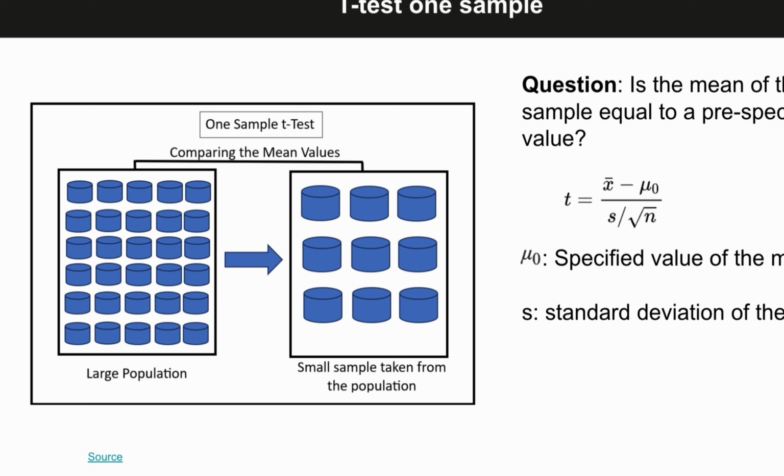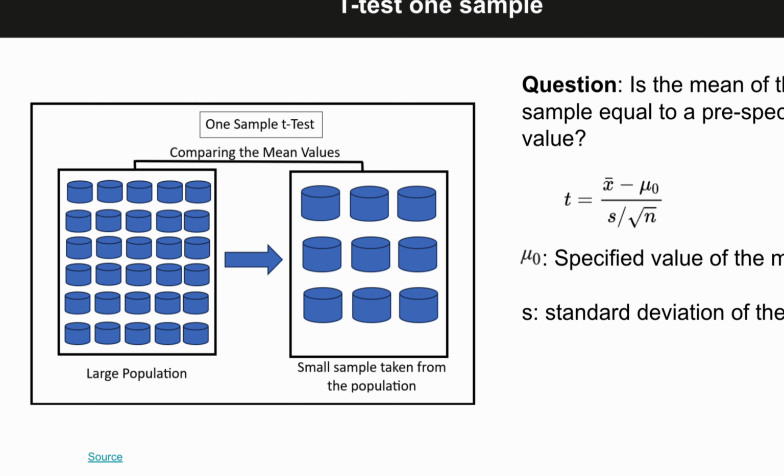So if somebody gave you a pre-specified value mu0 to compare the sample mean against, say for BMI, you can do a one sample t-test by calculating the mean of the sample, subtracting the pre-specified value mu0 and dividing it by the standard error of the sample, which is s by root n. This gives you the t statistic, which again has degrees of freedom. You can calculate what the p value would look like.